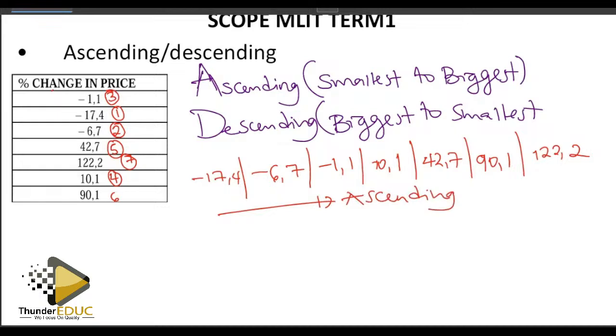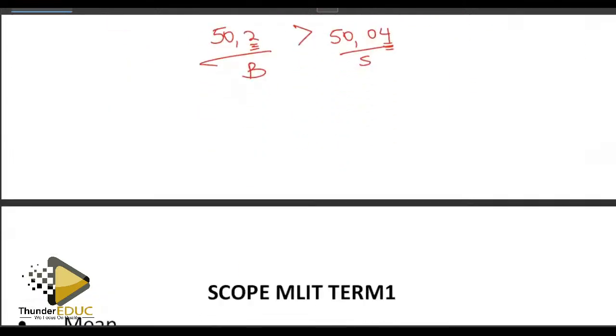All right, another thing that you have to take note of, because you could also have 50.2, maybe we are saying 50.2. 50.2 is, no, sorry, 50.2 is greater than 50.04. This is in the place of 2 tenths. This is in the place of 4 hundredths. You understand? So this one is small and this one is big. Take note of that.